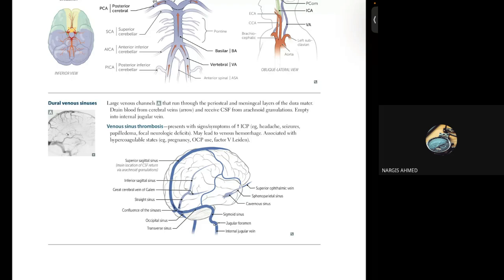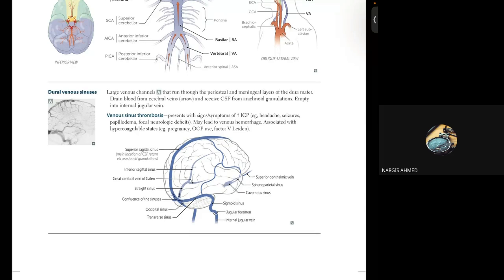We know about venous sinus thrombosis. Whenever we have venous sinus thrombosis, the sinus gets thrombosed. So what would happen? It presents with signs of increased intracranial pressure. Are we going to have hydrocephalus whenever the dural venous sinuses get obstructed? Yes. Is it going to lead to a headache?